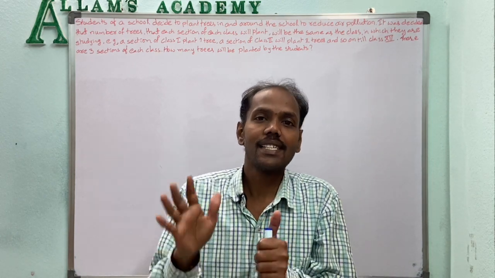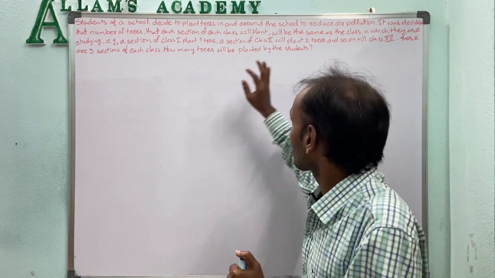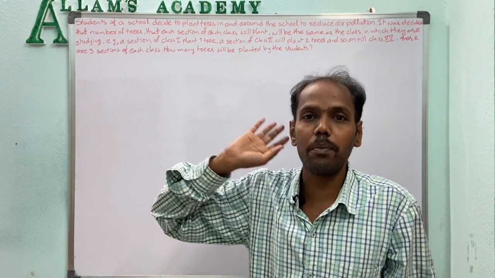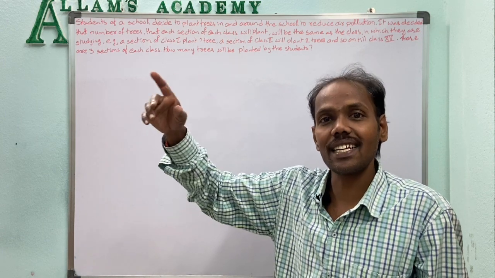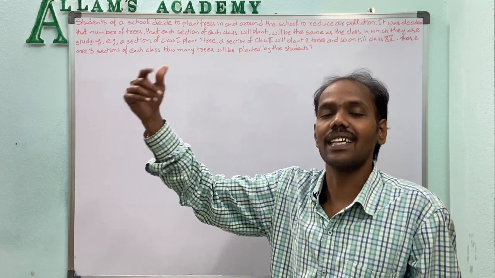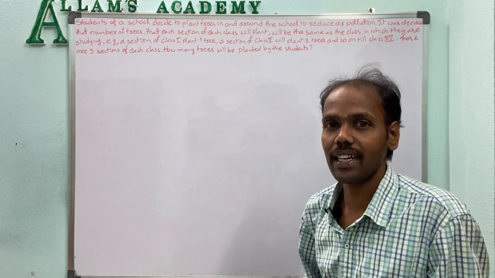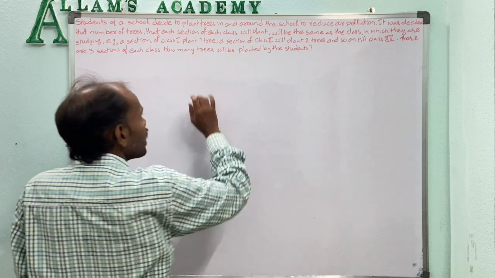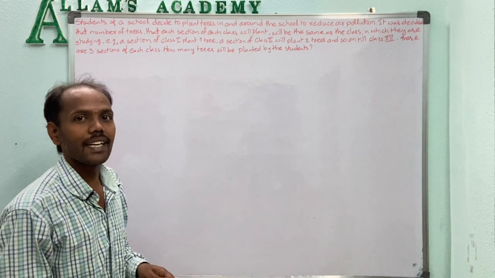Similarly, 12th class students plant 12 plants, but with 3 sections, 12, 12, 12, that means 12 threes are 36 plants. So the sum of all these numbers is the total number of plants they planted.